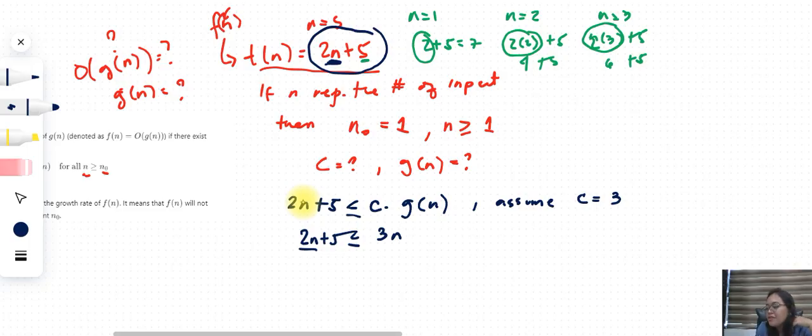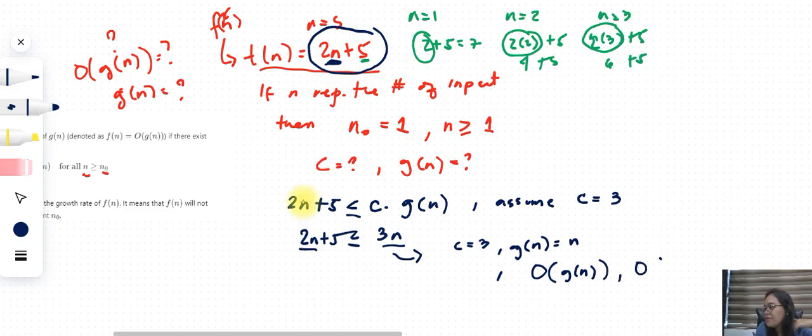So, because we come up with 3n, we can say that c is equals to 3 and our g of n is n. Right? So, since we have our g of n in here, we can safely say that the big O of t of n is the big O of g of n, which is O of n.